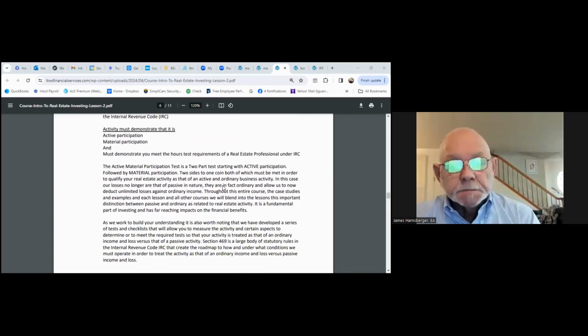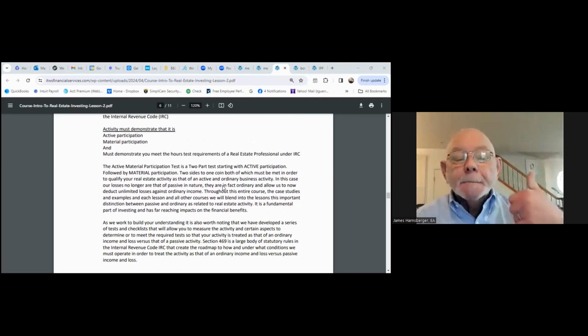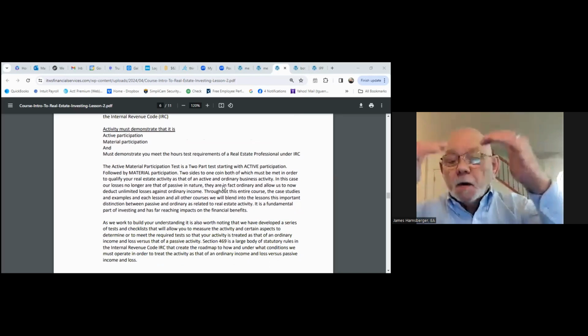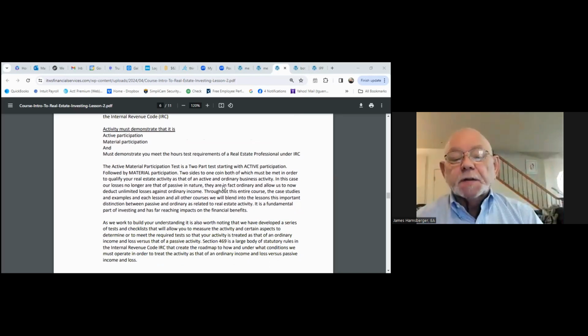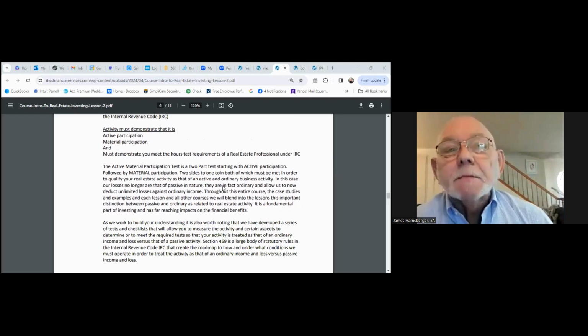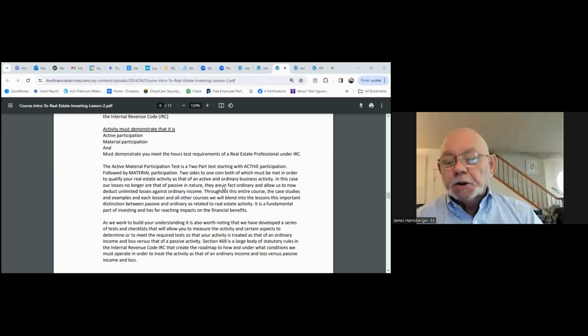The active material participation test is a 2-part test, starting with the active participation, followed by material participation. In other words, that's the order of operations. If you do not meet the active participation test first, nothing else matters.